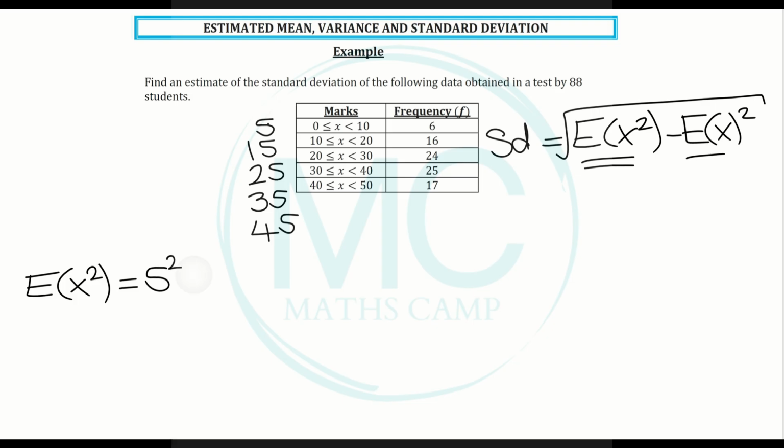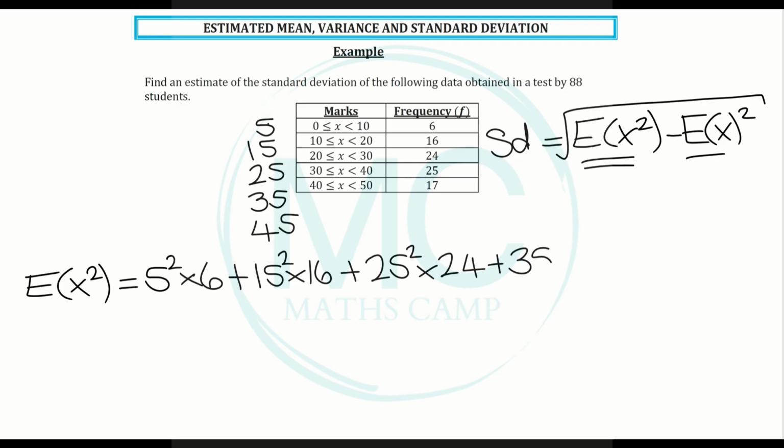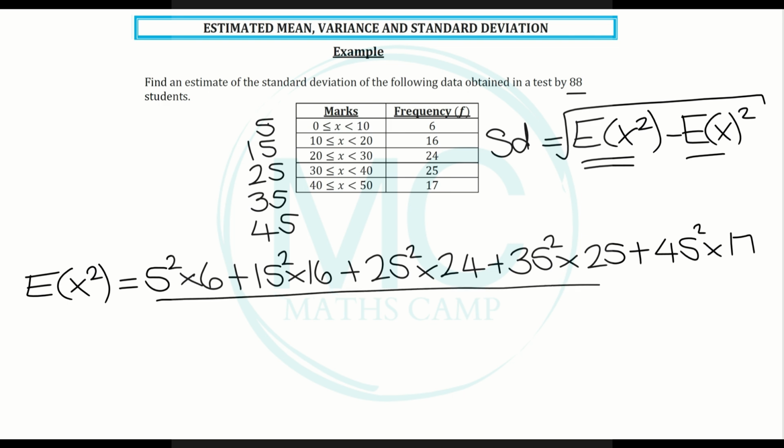So I can say 5 squared multiplied by 6 plus 15 squared multiplied by 16 plus 25 squared multiplied by 24 plus 35 squared multiplied by 25 plus 45 squared multiplied by 17. Then we divide by the total frequency, and the question tells us that this is 88. We're going to divide all of this by 88.